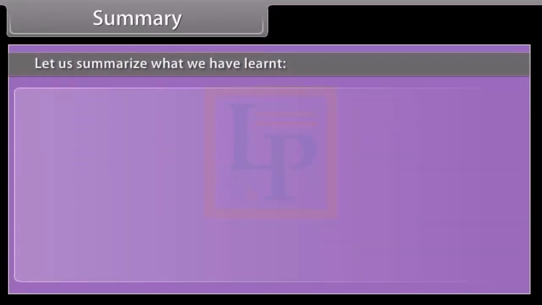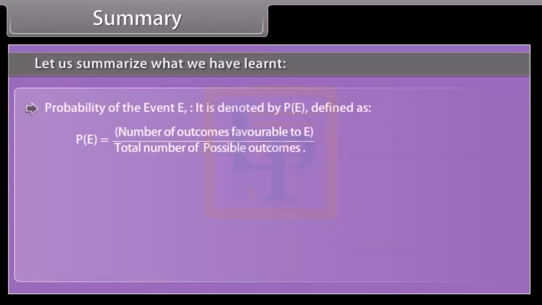Summary. Let us summarize what we have learned. Probability of the event E, denoted by P(E), is defined as P(E) equals the number of outcomes favorable to E divided by the total number of possible outcomes.